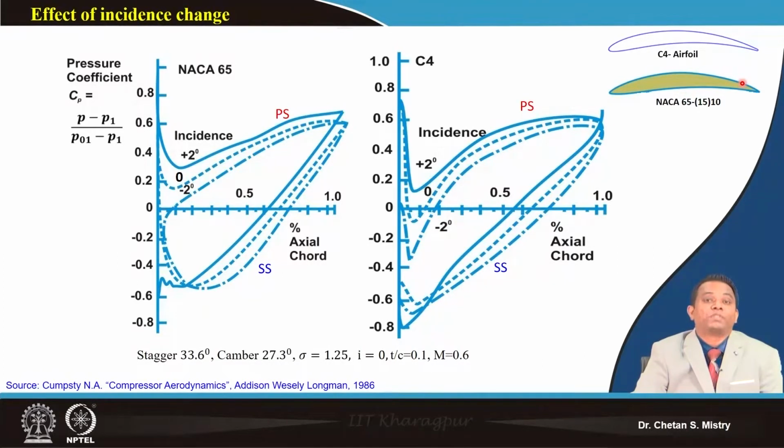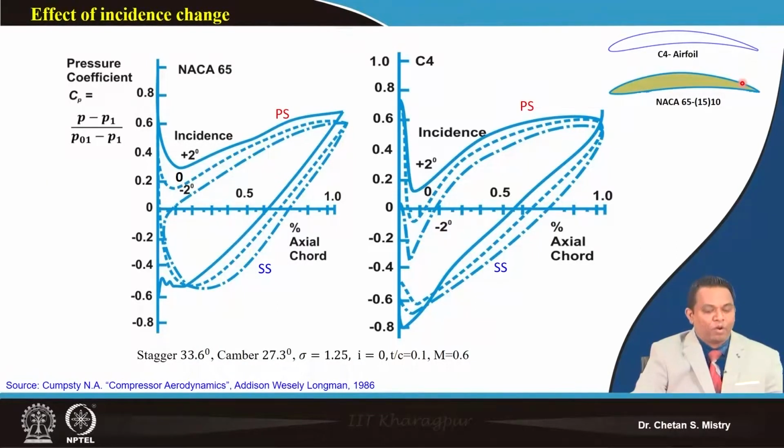Many times, fabricating such aerofoils is more challenging because the thickness towards the trailing edge is less. It may get damaged during the manufacturing process itself, and that is the reason people try to use a C4 kind of aerofoil at the initial iteration.